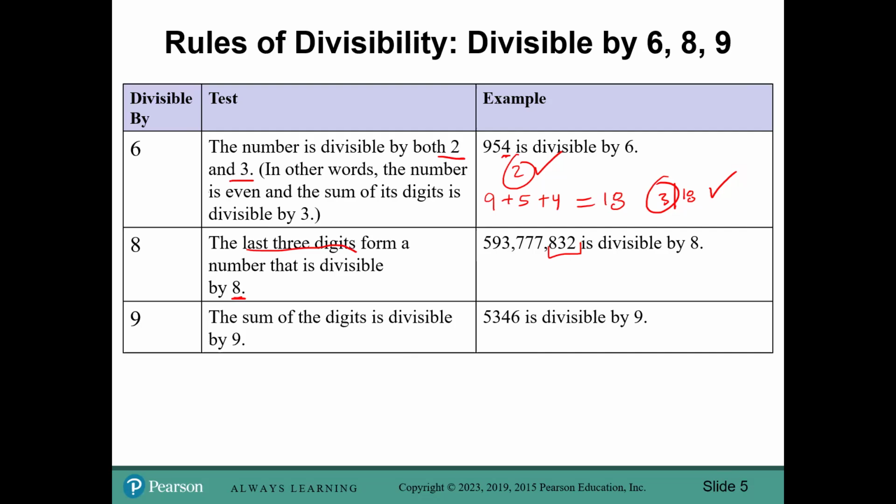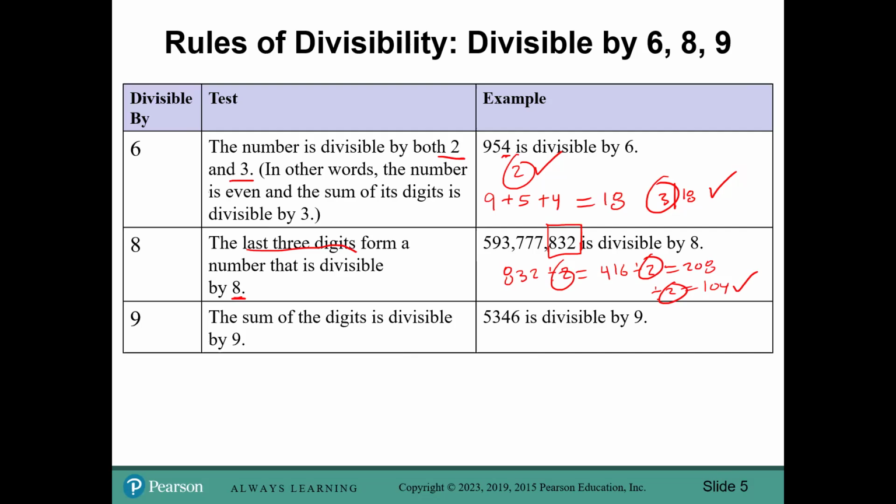So 832 divided by 2 gives me 416. Divide it by 2 again, that gives me 208. And divide it by 2 again gives me 104. I was able to divide it by 3 twos, and therefore that was divisible by 8. I just had to check the last 3 digits, so the whole thing is divisible by 8.